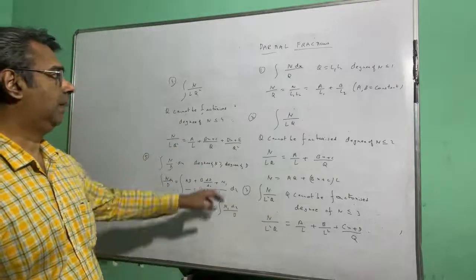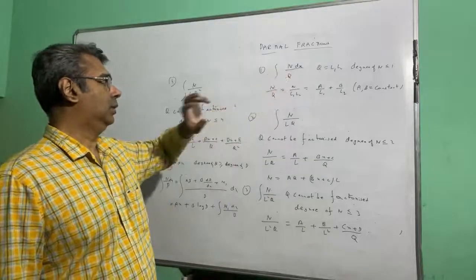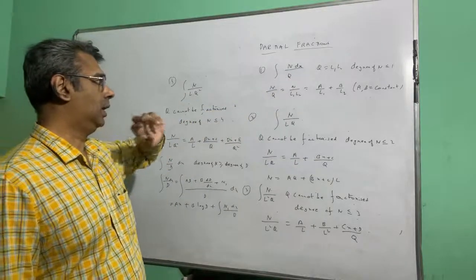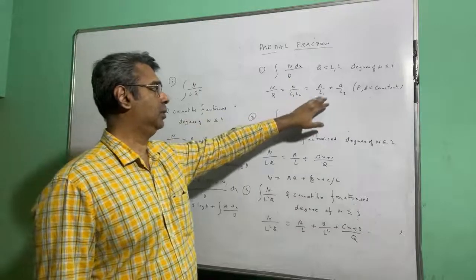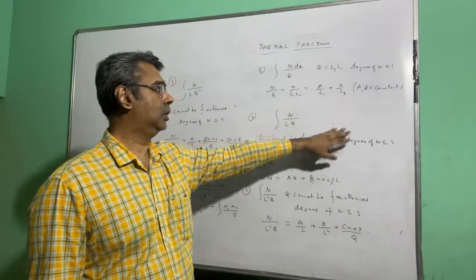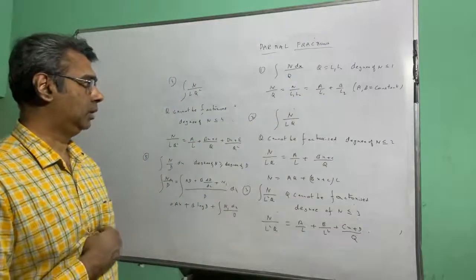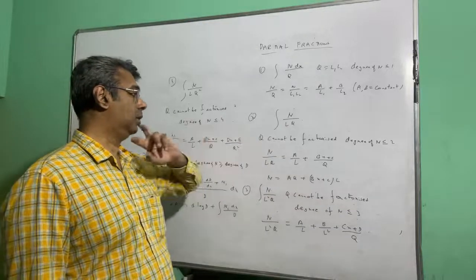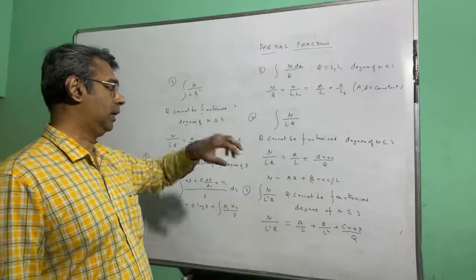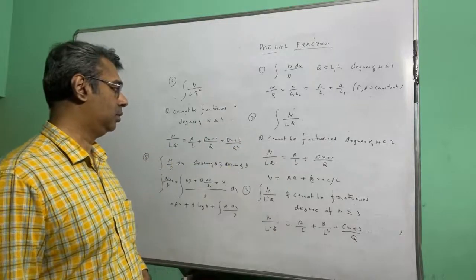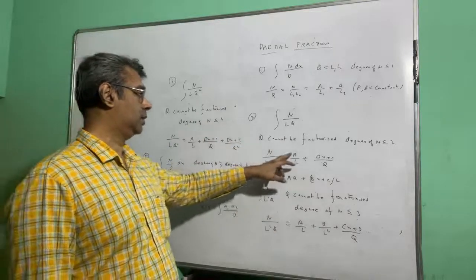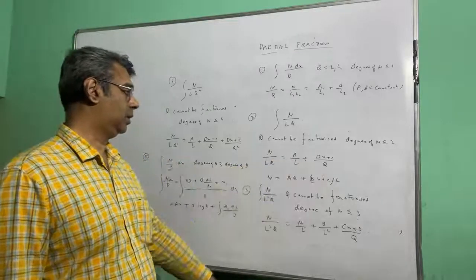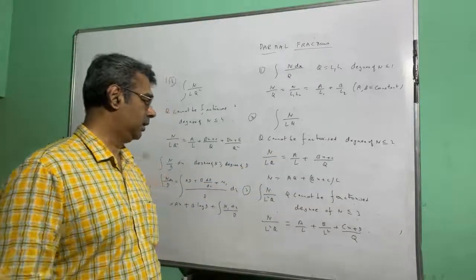So once again, integral numerator by quadratic, which is a product of two linear, you write it as A by L1 plus B by L2, and A and B both are constants, you solve for A and B. Integral numerator by linear into quadratic, but the quadratic cannot be factorized and degree of numerator less than or equal to 2. So N by LQ is A by linear plus Bx plus C by quadratic. You write it like this.